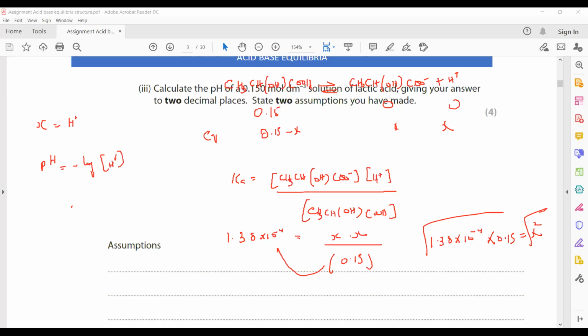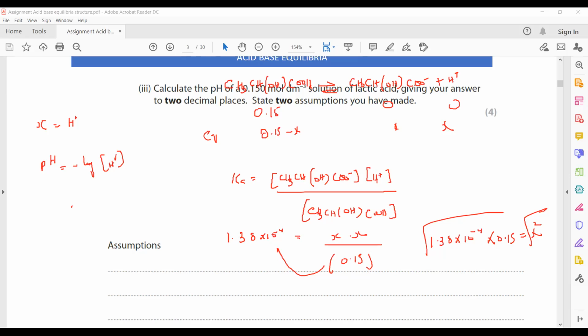What's the concentration of hydrogen ion? 1.38 × 10^-4 multiplied by 0.15, then take the square root. You get 4.55 × 10^-3.